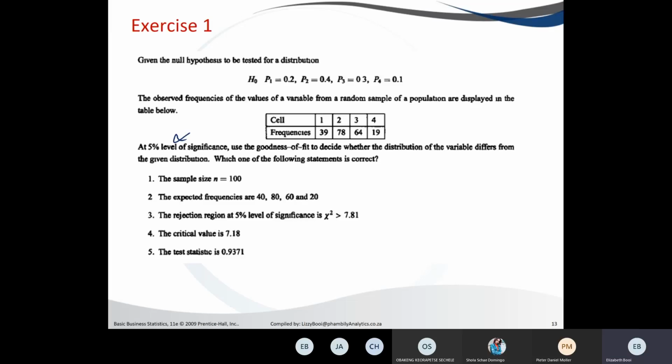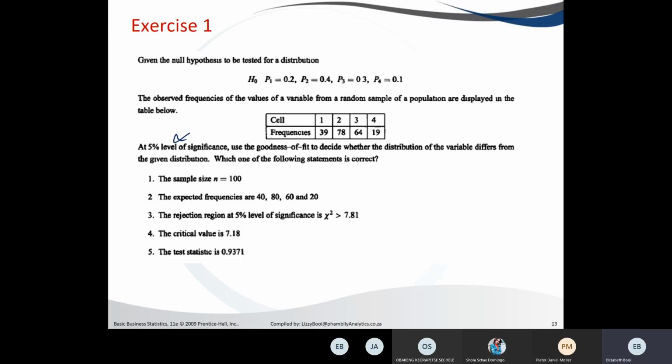At 5% level of significance, use goodness of fit test to decide whether the distribution of the variable differs from the given distribution. Which one of the following statements is correct? I will say we'll pick that for now.